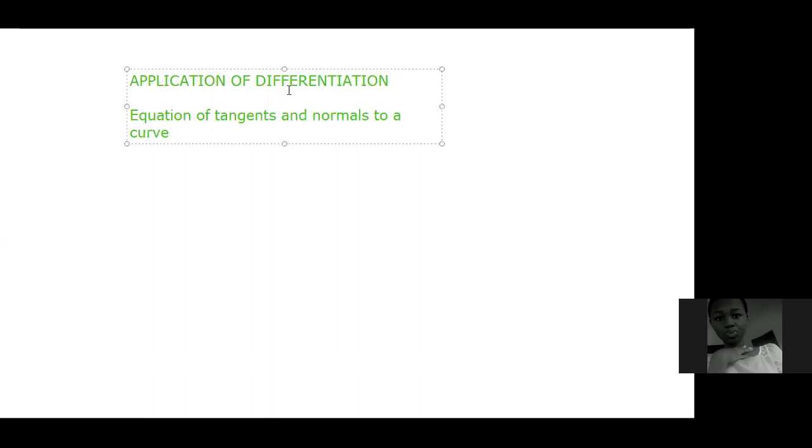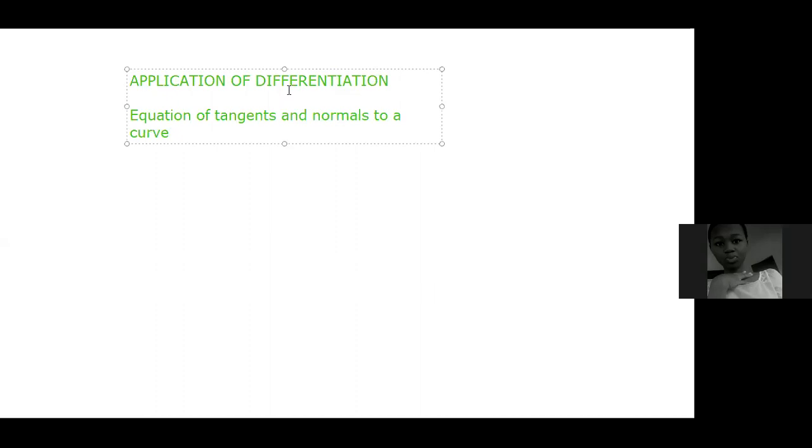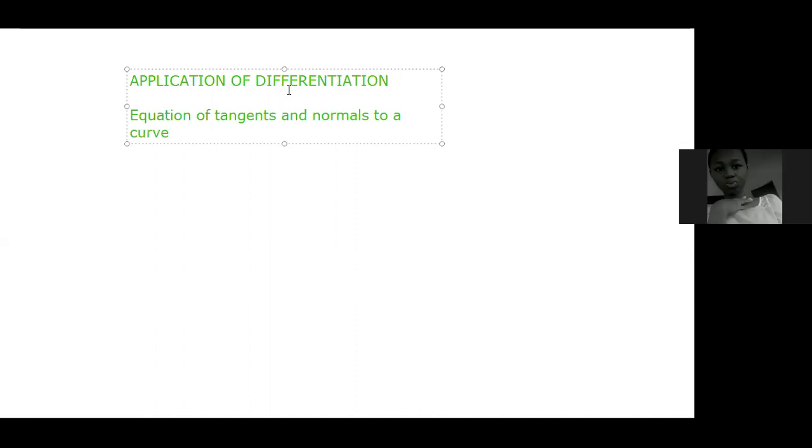After drawing the tangent, you find the two points, or coordinates, and then find the slope or gradient. After finding the gradient, you are asked to find the equation of the tangent.